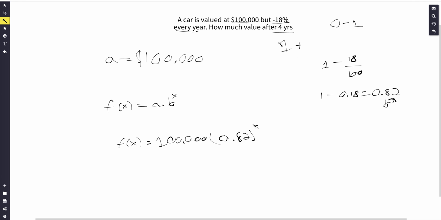And now we know that x is 4 years, so let's just plug in 4 for x right here. Basically just rewrite the equation, but replace the x with 4. And then we should get an answer around $45,212.176.